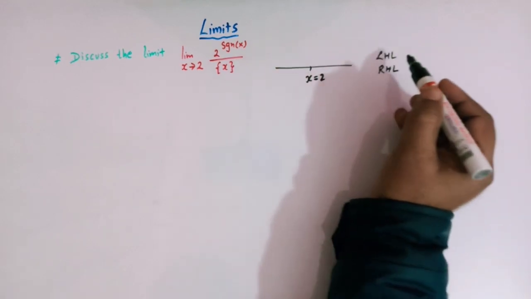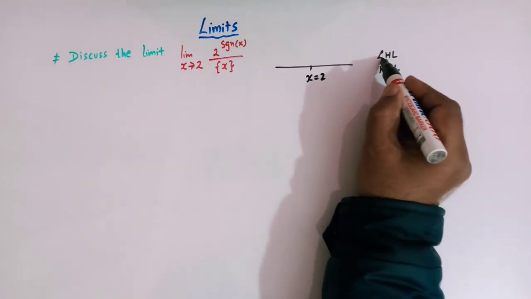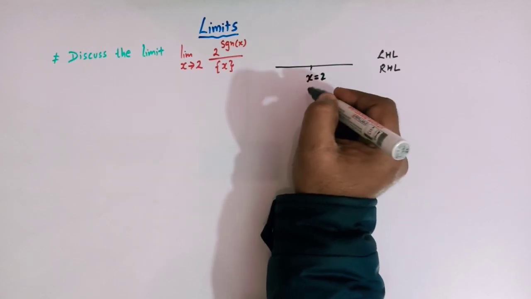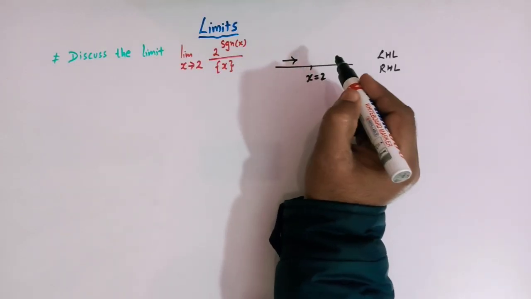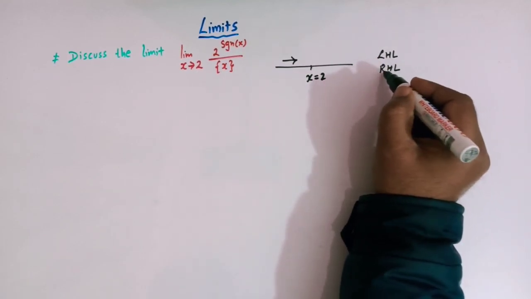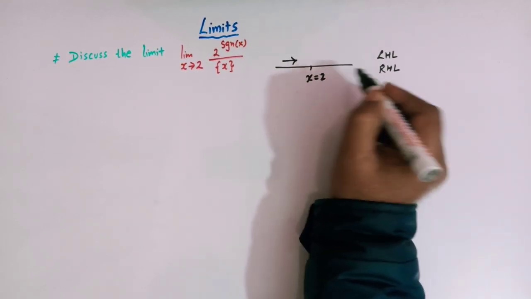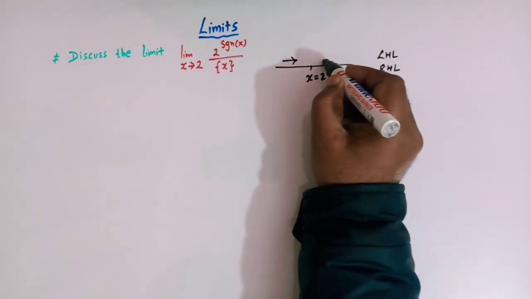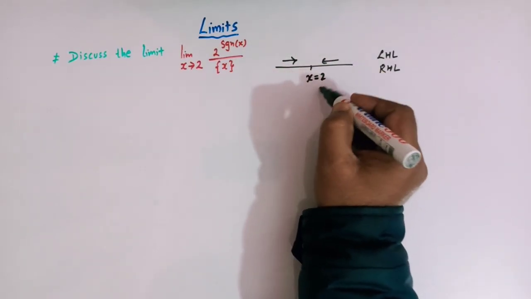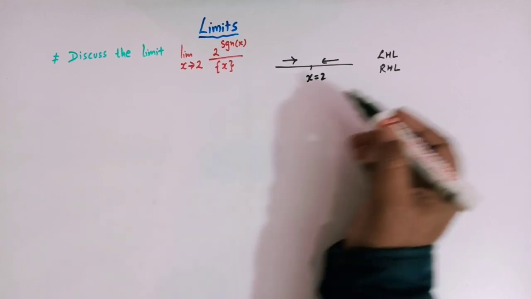When we find the left hand limit, x approaches 2 from the left of 2, and when we find the right hand limit, x approaches 2 from the right of 2.